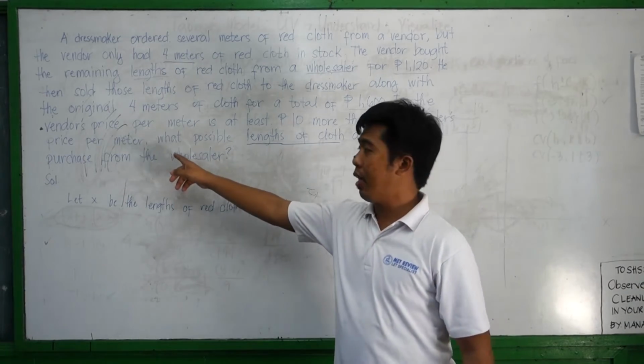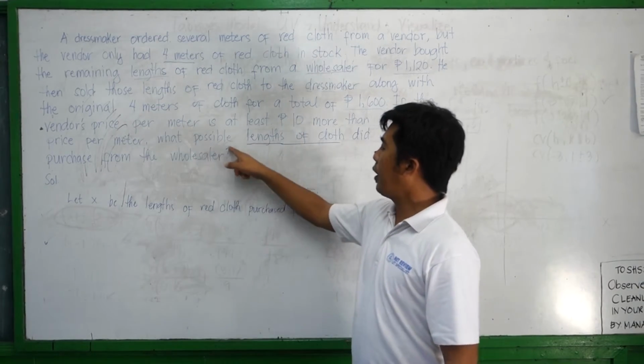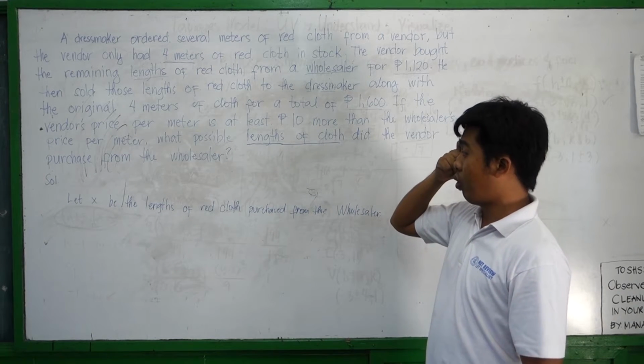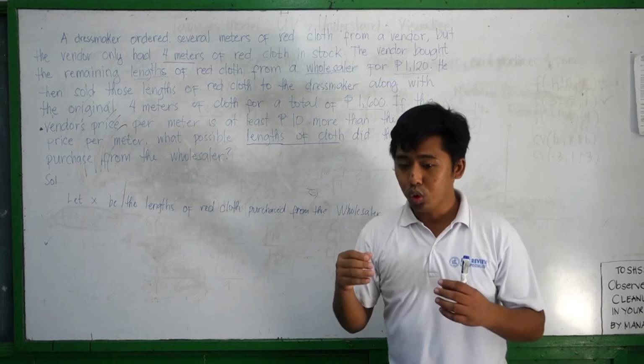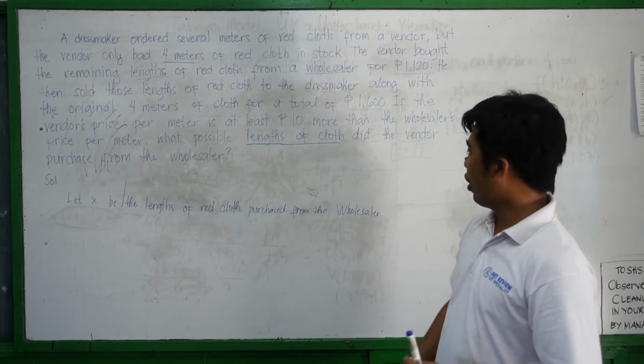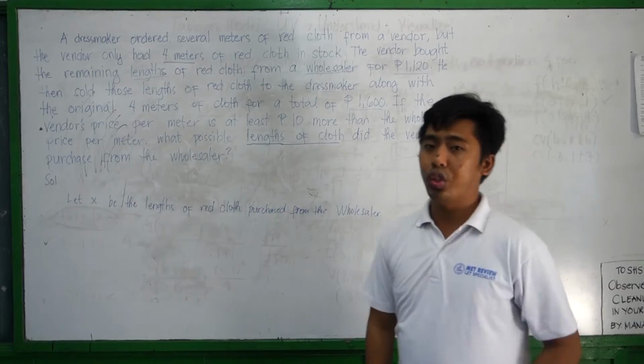So the question: what possible lengths of cloth did the vendor purchase from the wholesaler? What are the possible lengths the vendor bought from the wholesaler?